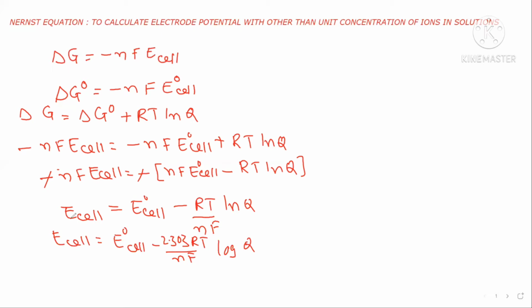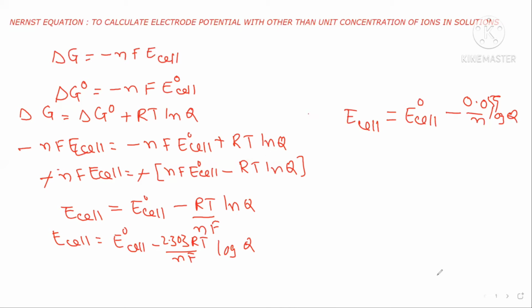Then we get E cell is equal to E naught cell minus 0.059 by n into log Q. This is the Nernst equation.